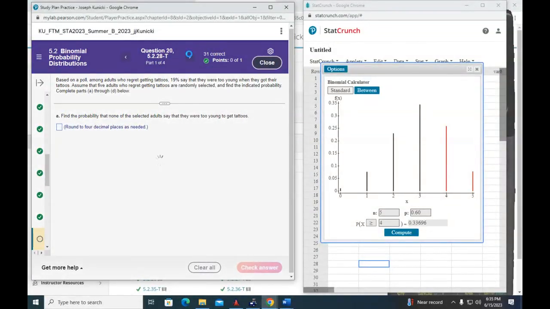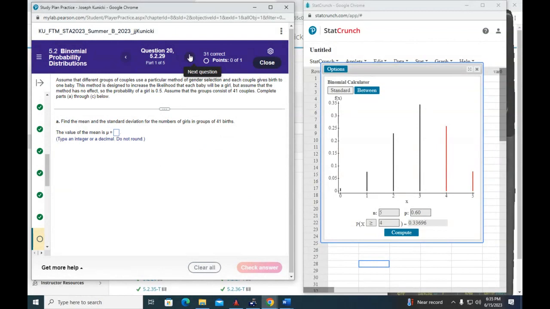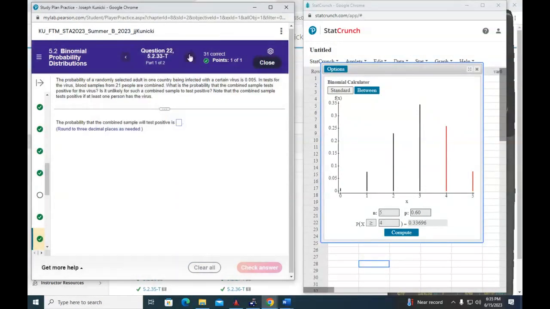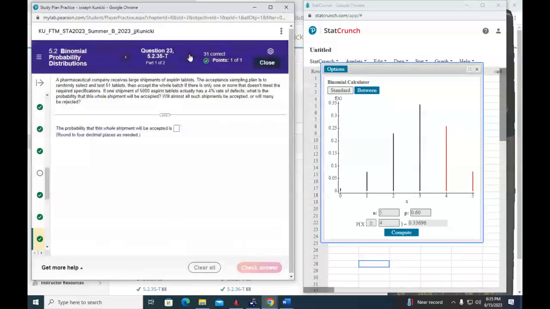Number 35. A pharmaceutical company receives large shipments of aspirin tablets. The accepted sampling plan is to randomly select and test 51 tablets, so that's N, 51.